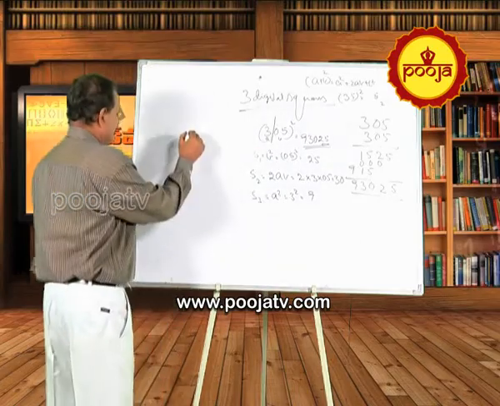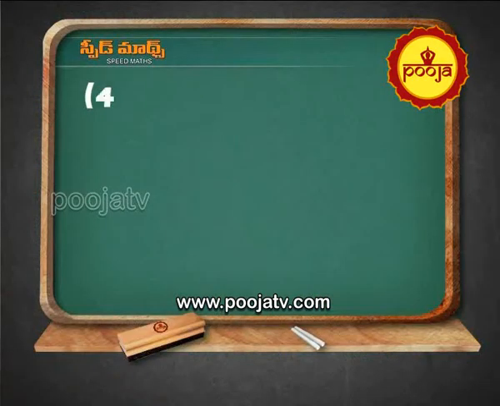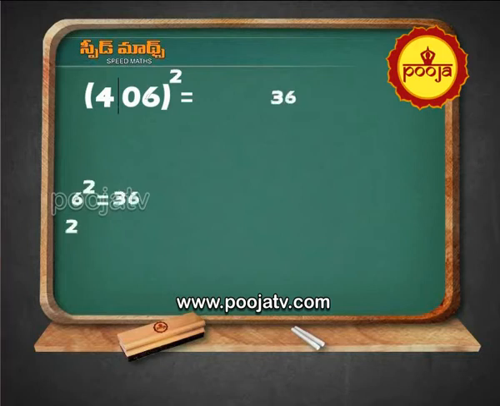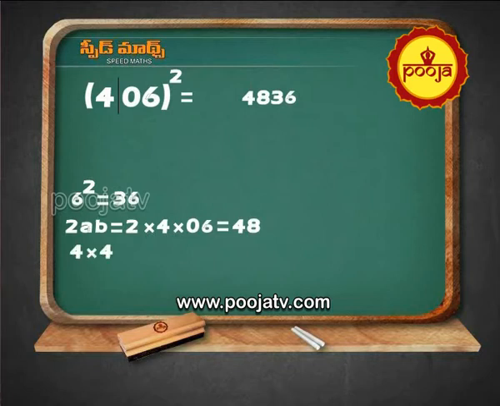Let us see another problem. 406 whole square. Give a slash. 6 square equals 36, 36 here. 2AB equals 2 into 4 into 06 equals 48, 48 here. 4 into 4 equals 16, 16 here.